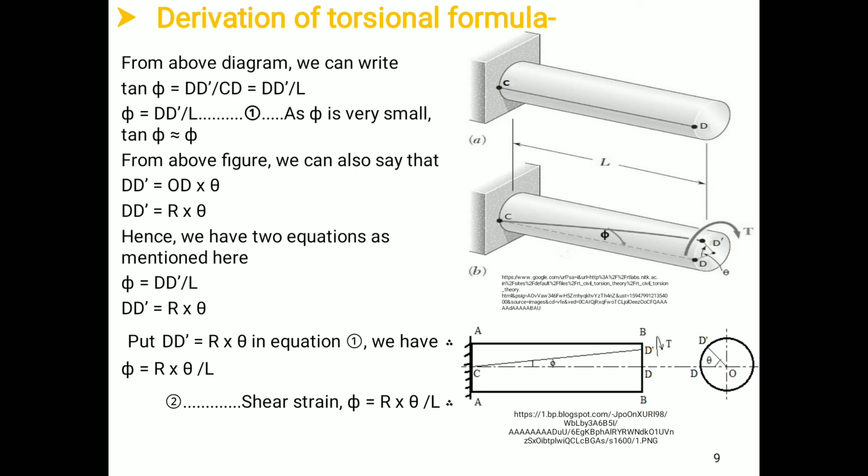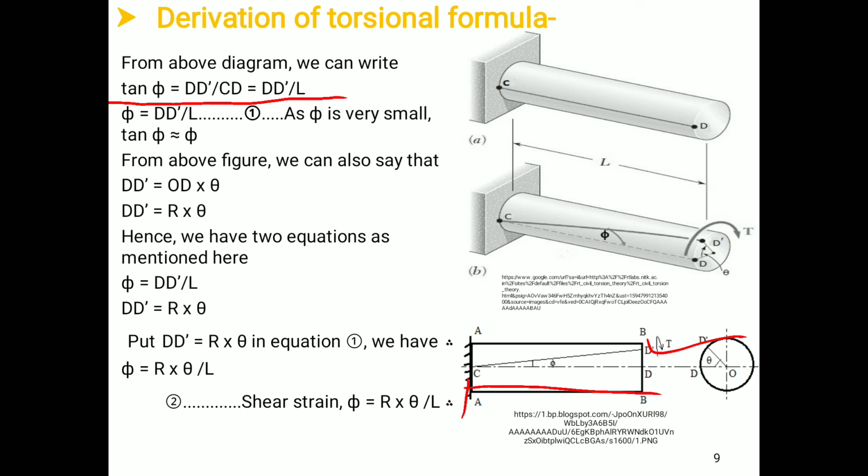From the above figure we have tan of phi is equal to DD dash upon CD. So you concentrate on this figure. This is angle phi. So tan of phi is nothing but the opposite side divided by the adjacent side. So the opposite side is DD dash and the adjacent side is CD.